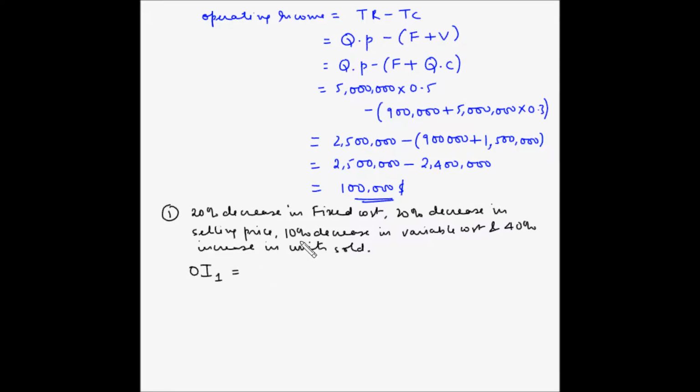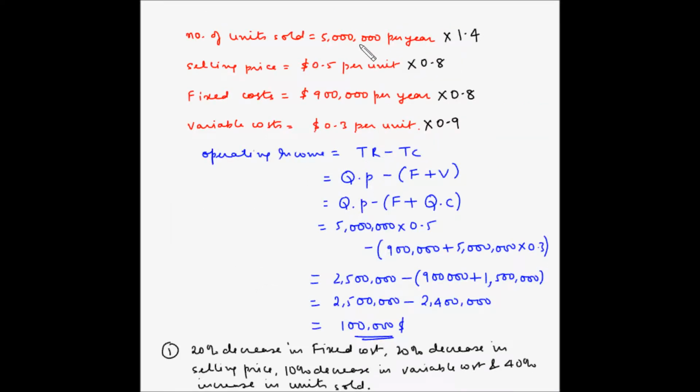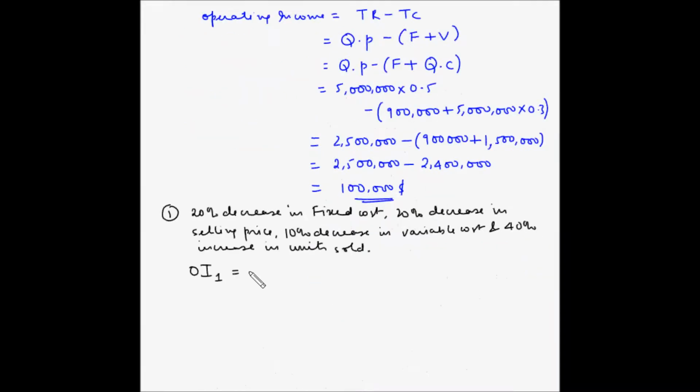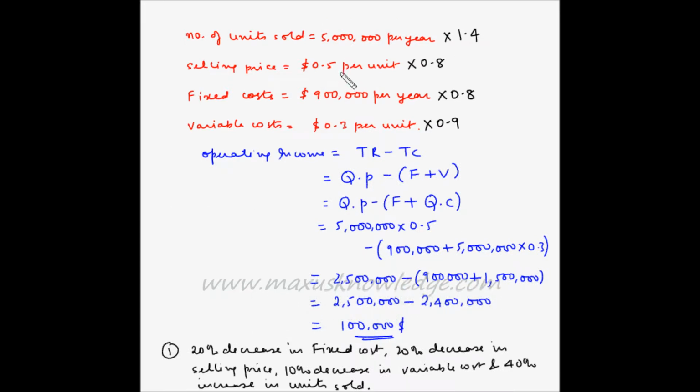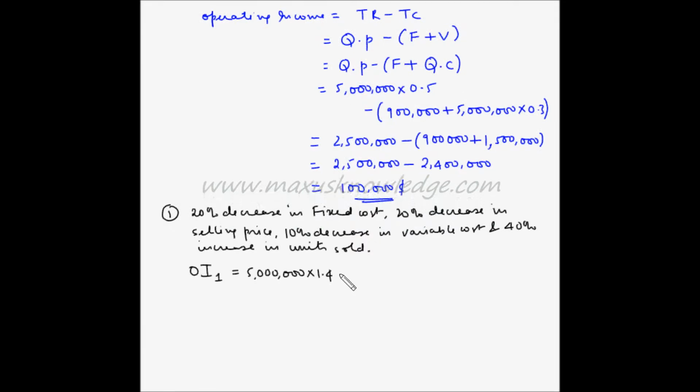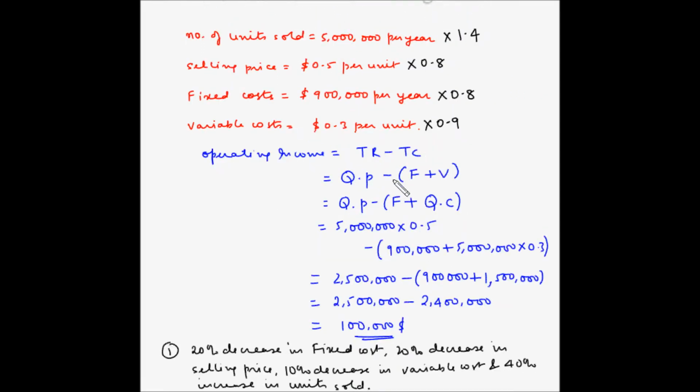So this is equal to Q, which is 5 million multiplied by 1.4, times P, which is 0.5 multiplied by 0.8, minus fixed cost, which is 900,000 multiplied by 0.8.